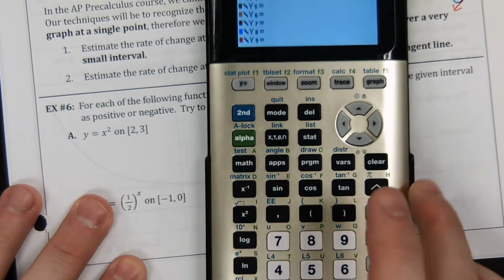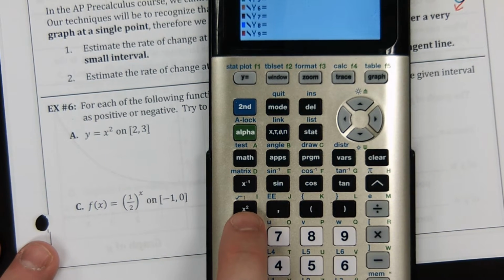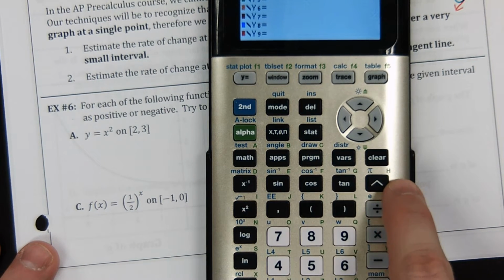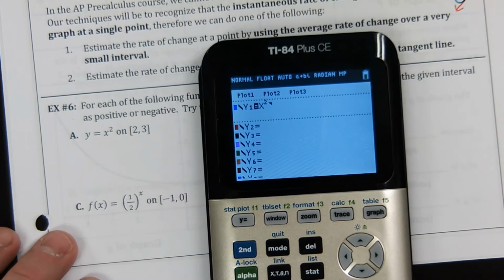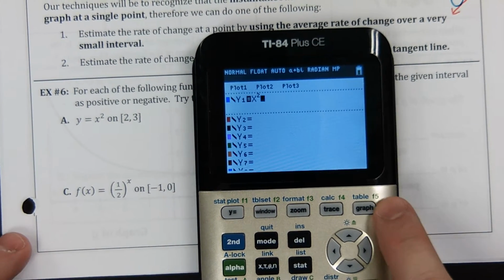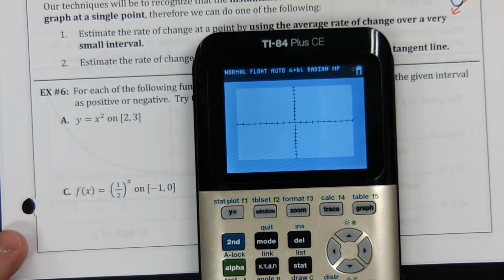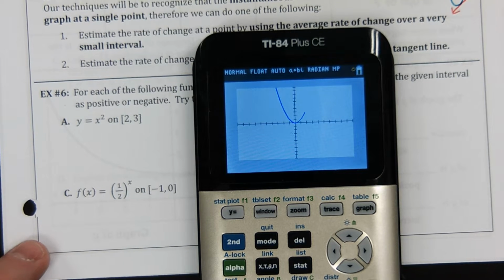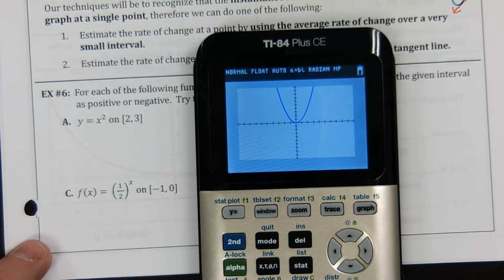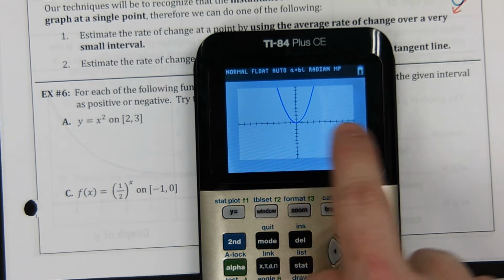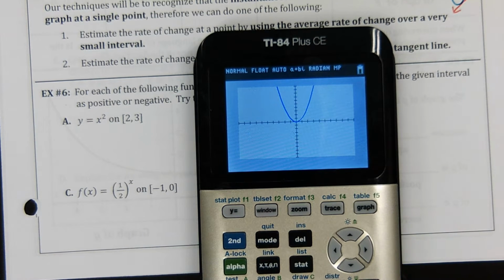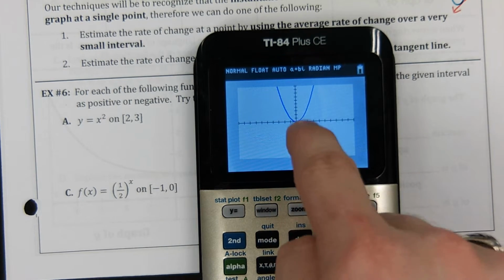Squared is right there. For every other exponent, you would use the caret symbol. This button right here will graph the image for you. If you've never graphed anything before on this calculator, it will default to 10 in all 4 directions. So that's what I'm seeing, 10 and negative 10, 10 and negative 10.